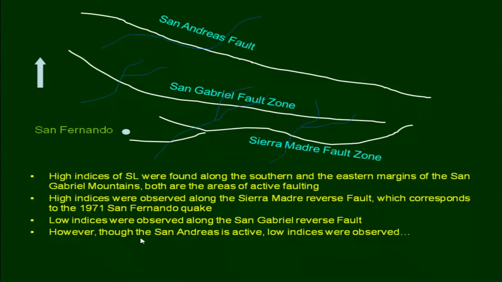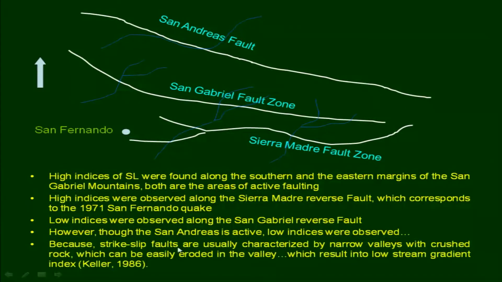However, though the San Andreas is active, low indices were observed. The San Andreas fault is one of the most active faults in the world, yet relatively low indices were observed on these two faults, because the higher indices were correlated with the 1971 earthquake.